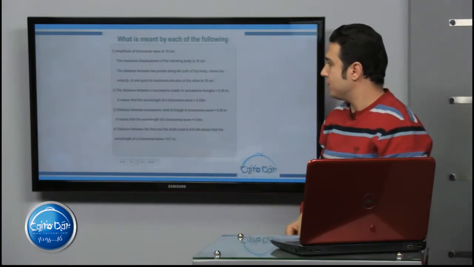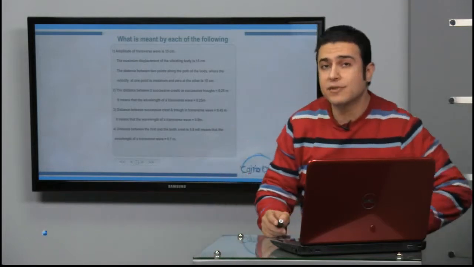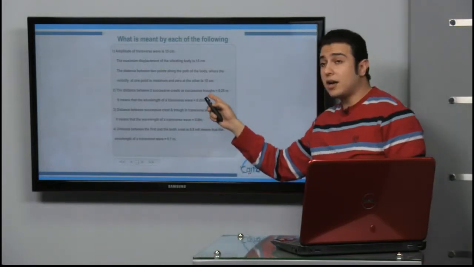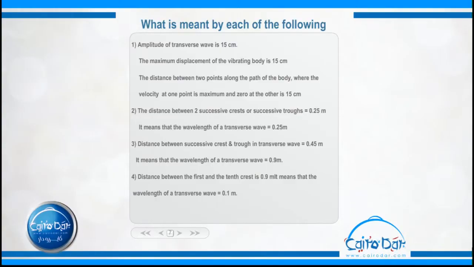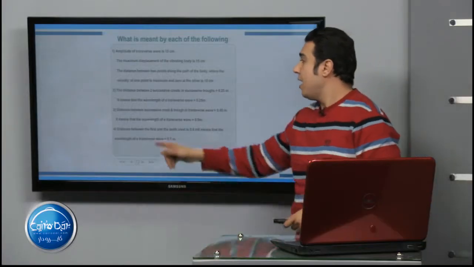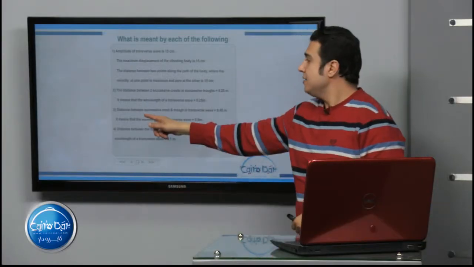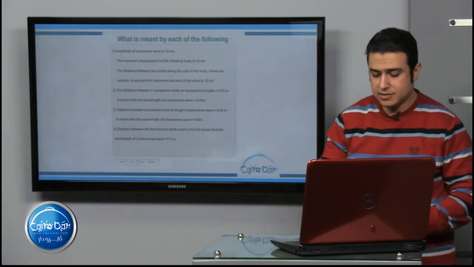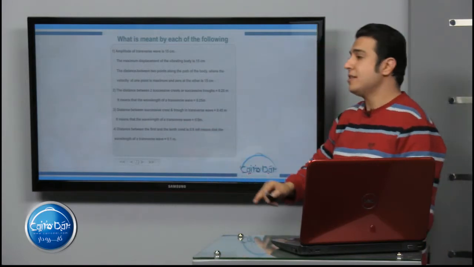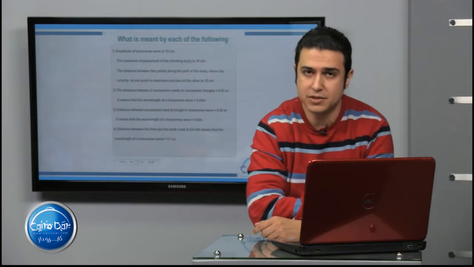Another question. The distance between two successive crests or two successive troughs equals 0.25 meter. It means the wavelength of the transverse wave equals 0.25 meter. Another question. Distance between a crest and the successive trough in a transverse wave is 0.45 meter.